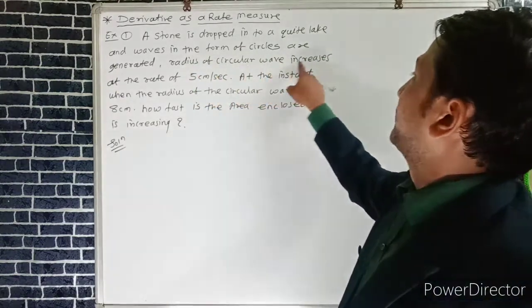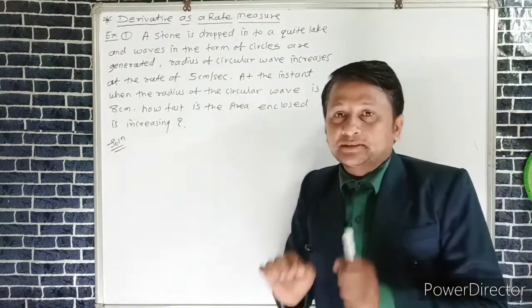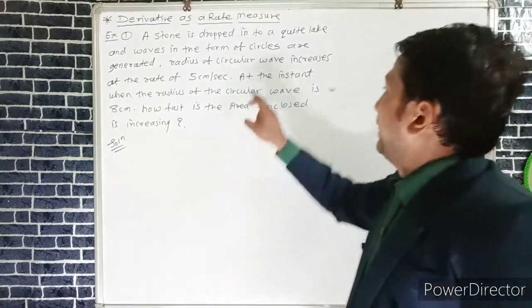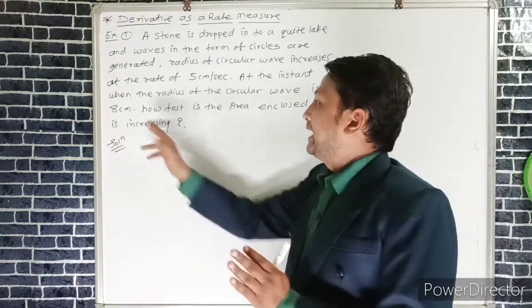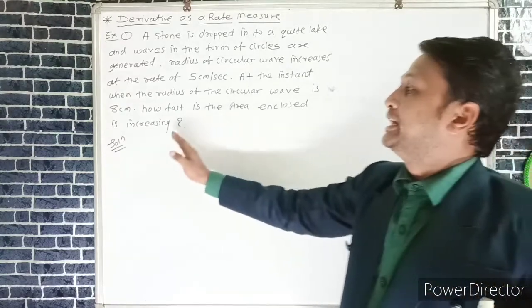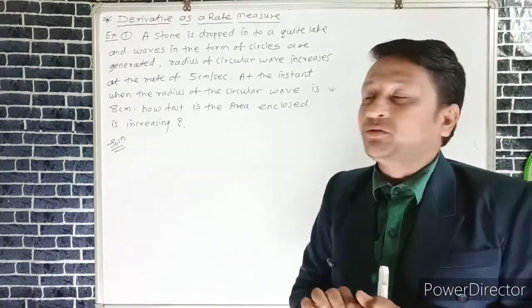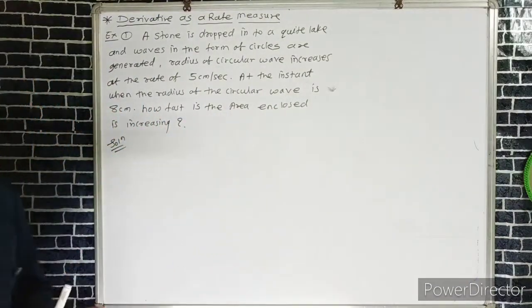The radius of the circular wave increases at the rate of 5 centimeter per second. At the instant when the radius of the circular wave is 8 centimeter, how fast is the area enclosed increasing? Here we have to find how fast the enclosed area is increasing.